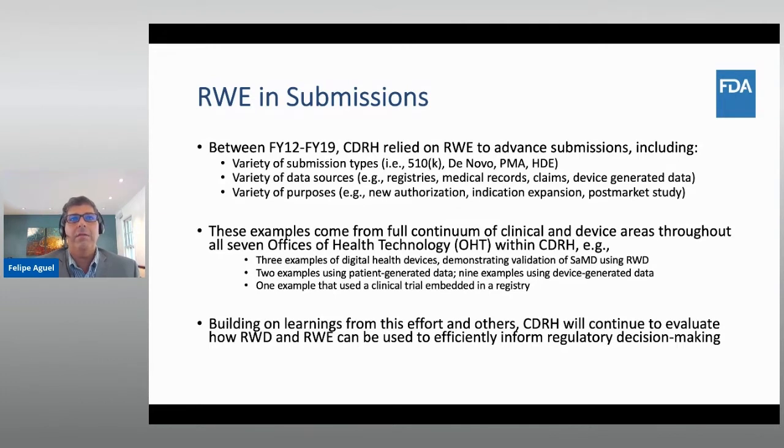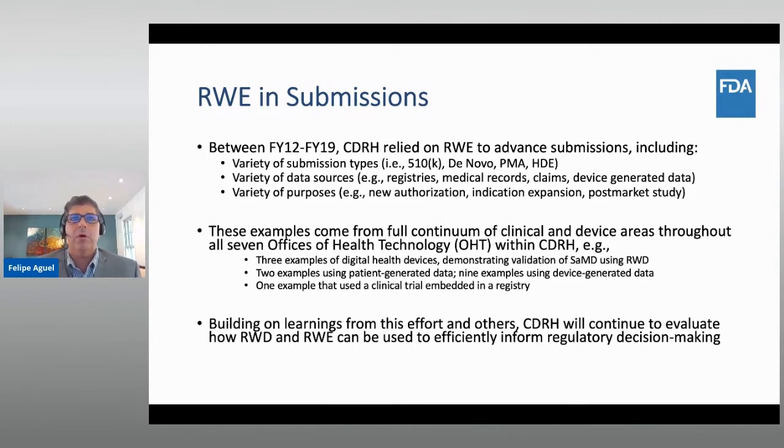And the regulatory decisions that were made based on this data were also varied. New authorizations, expanding indications and labeling, and fulfilling the requirements of a post-market study are some examples. They also come from a full continuum of clinical and device areas throughout all 7 offices of health technology within CDRH.